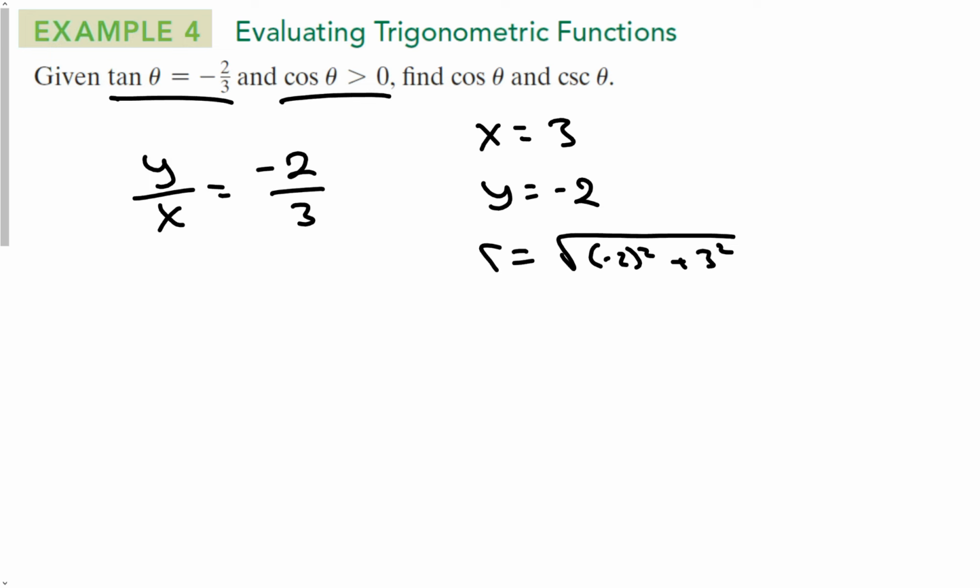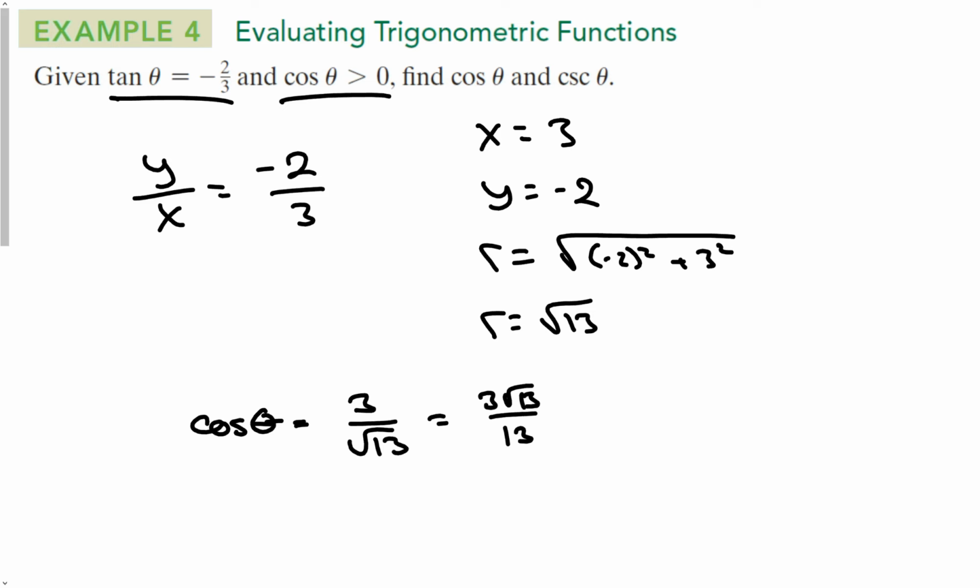So that's 4 and 9 is 13. So r is the square root of 13, which makes the cosine equal to 3 over the square root of 13, which is 3 square root 13 over 13. Positive. Cosine is positive.